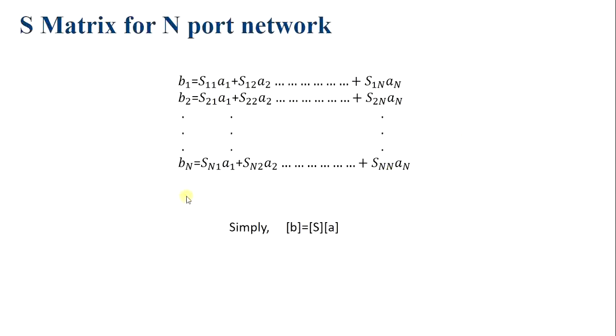So we can simply write, for an n-port network, the matrix B equals the matrix of S parameters into the matrix A, where B is a column matrix corresponding to the reflected waves, S is the scattering matrix, and A is the column matrix corresponding to the incident waves.